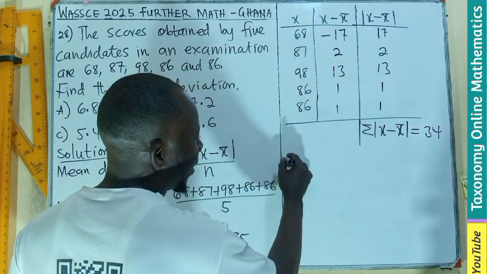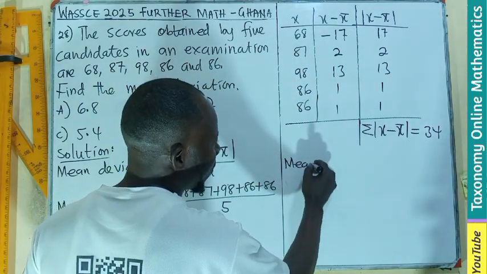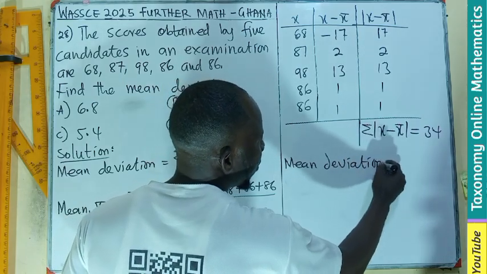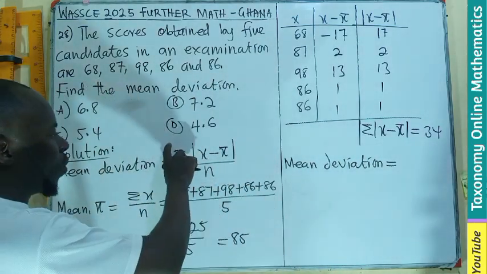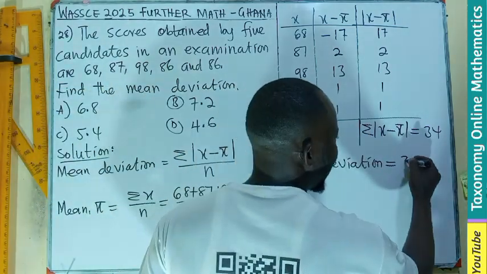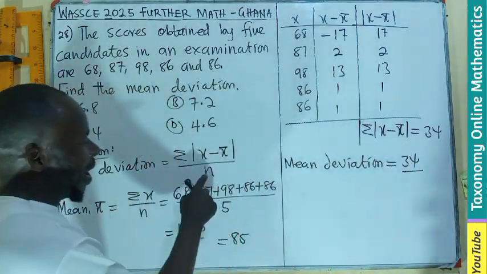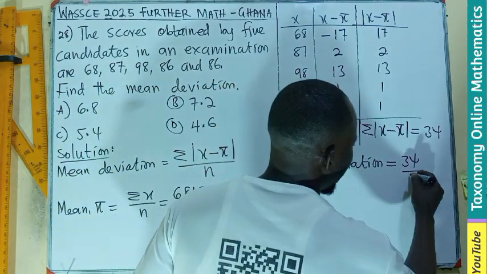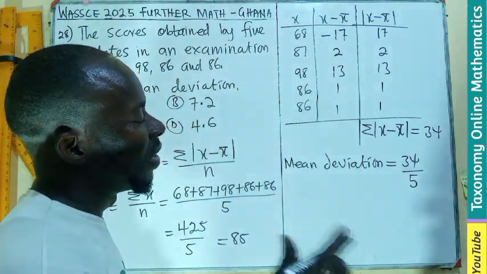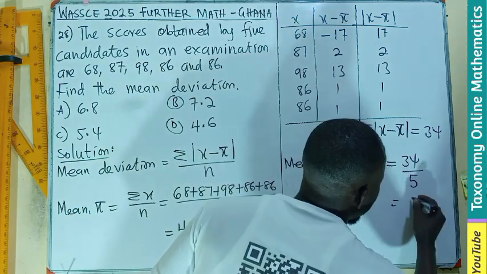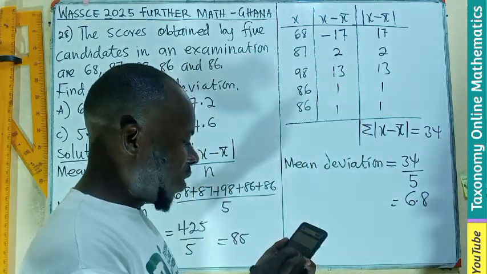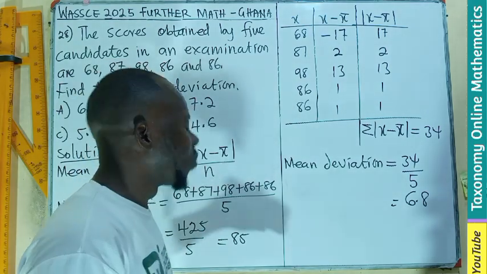Then our mean deviation will be equal to, I'm not going to write the formula again, the summation of this value, 34, divided by the number of values, which is 5. This will give you 6.8, but let's be sure. 34 divided by 5 is 6.8.